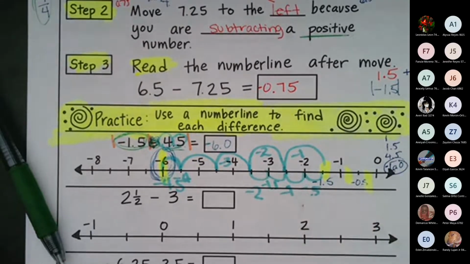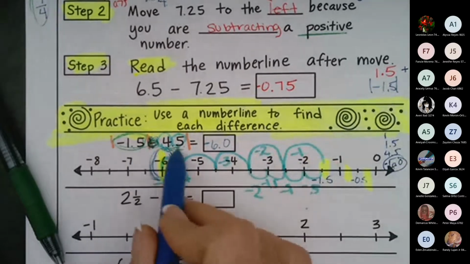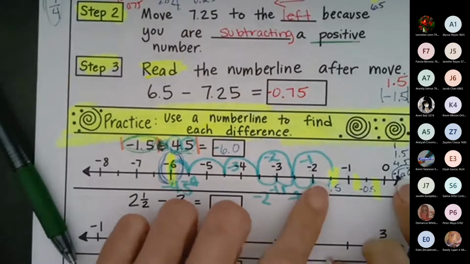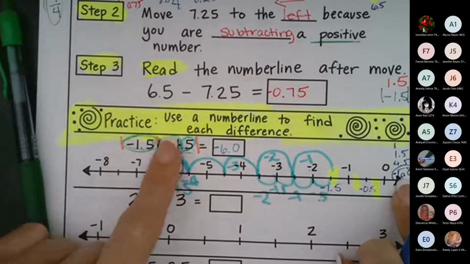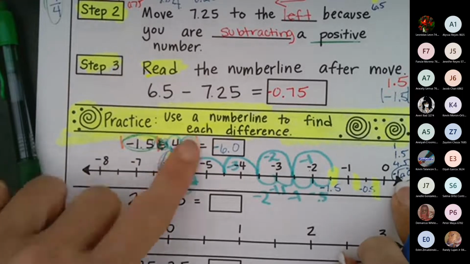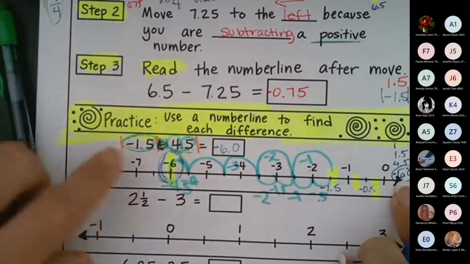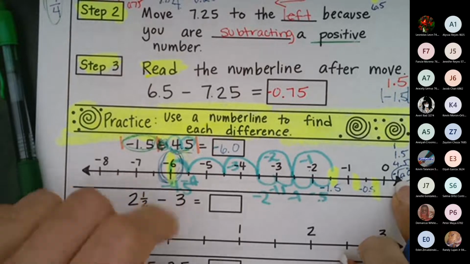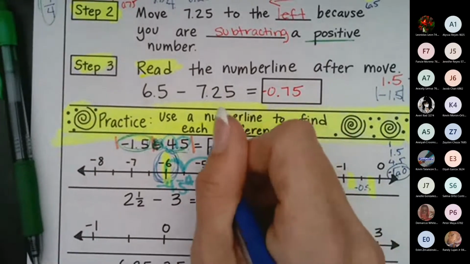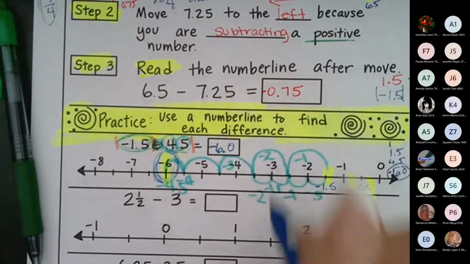So if I wasn't using a number line, if I add the absolute values of these, I will get 6. And if I use the subtraction sign and turn this number negative, if I use the sign of the larger number, take that negative sign with me, I get the same answer by not using a number line.